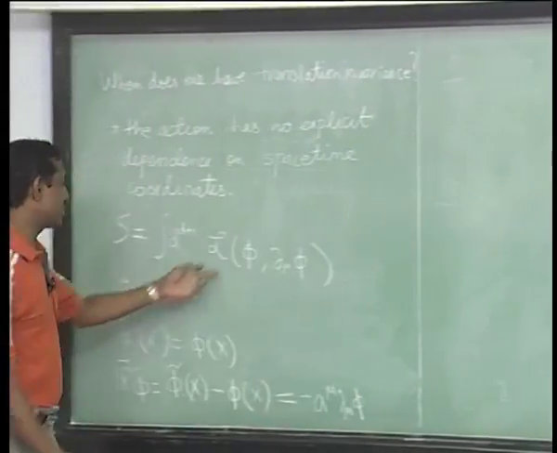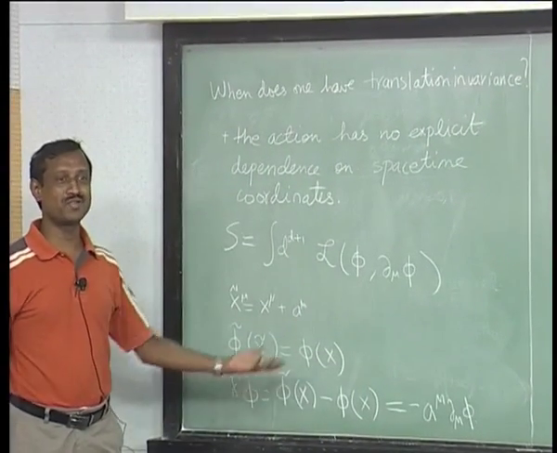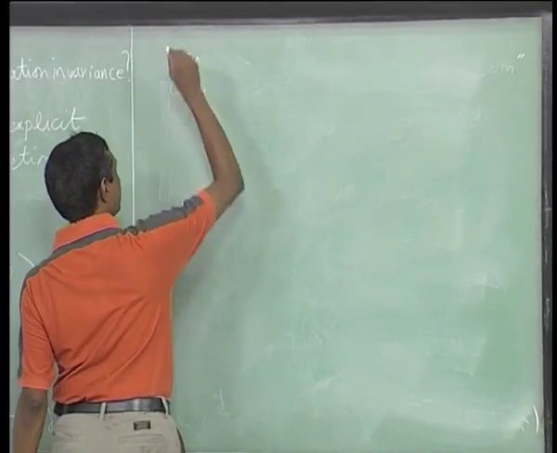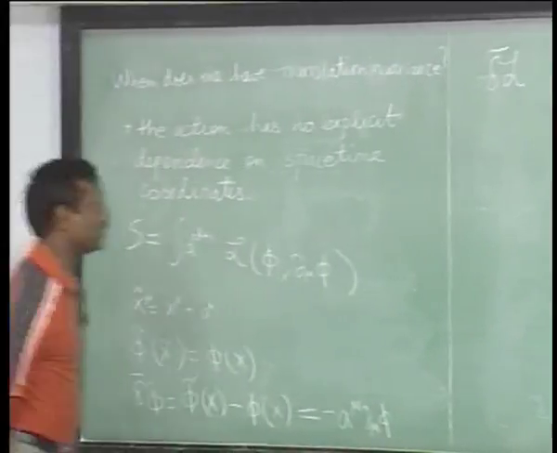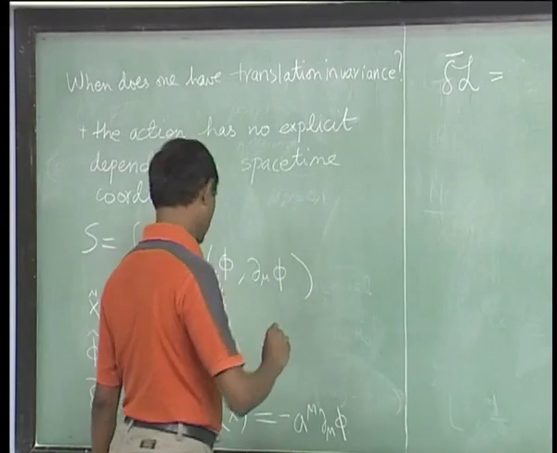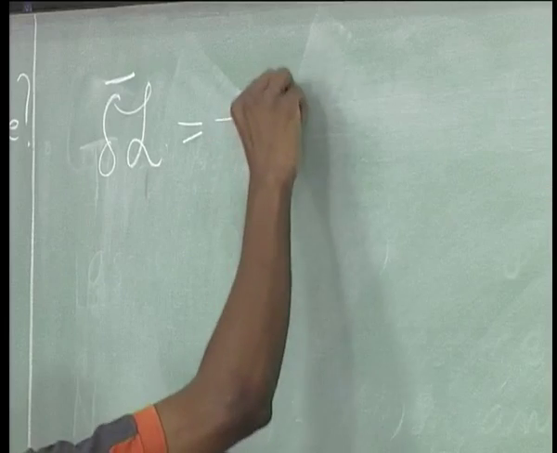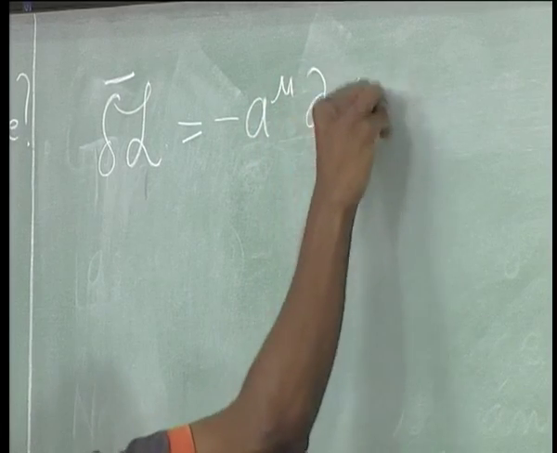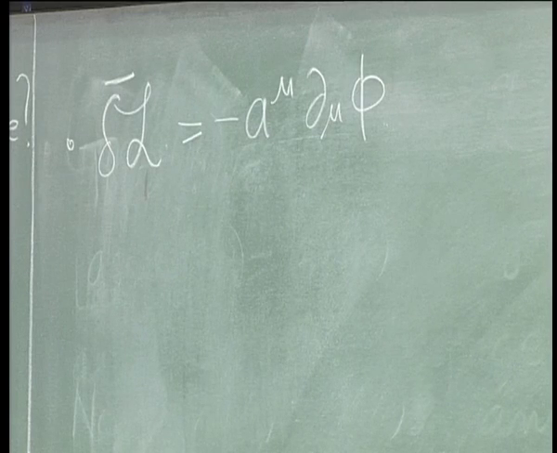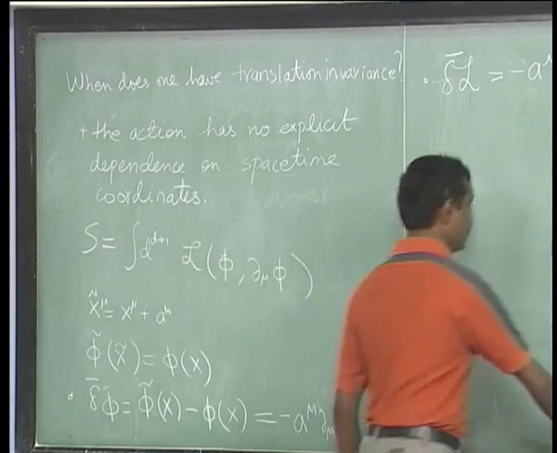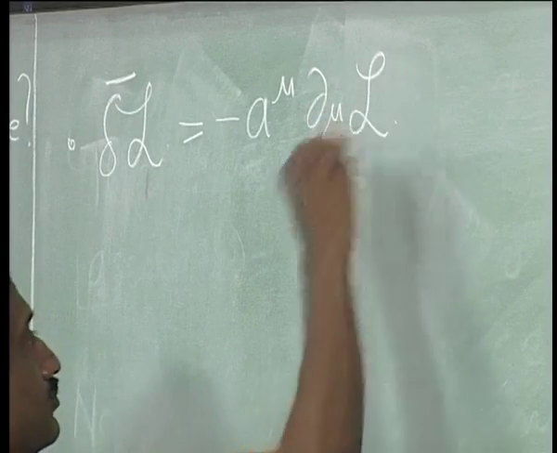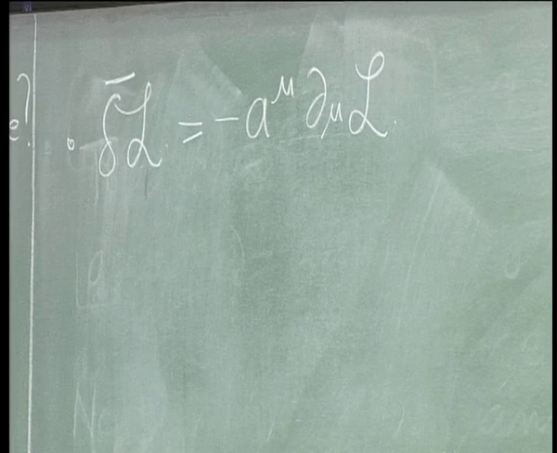But even the Lagrangian density is a scalar. So, I can actually think of what happens to the same thing out here. For the Lagrangian density also I can define delta bar of L, and following similar arguments you will see that delta bar of L is nothing but minus a mu del mu of L, sorry. Okay.